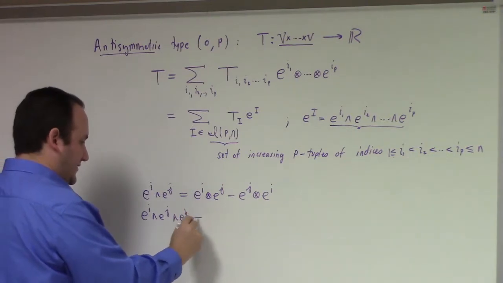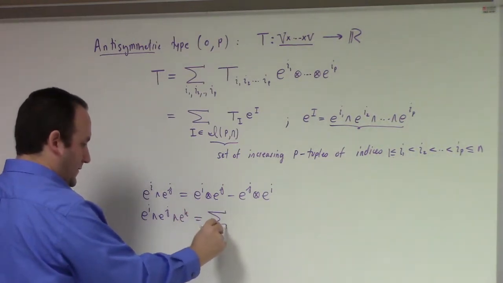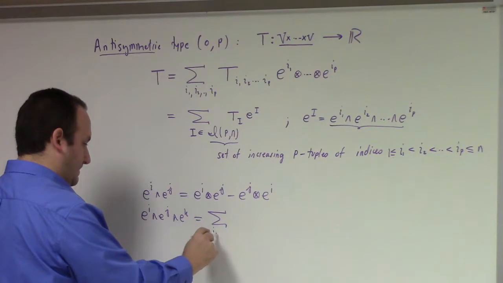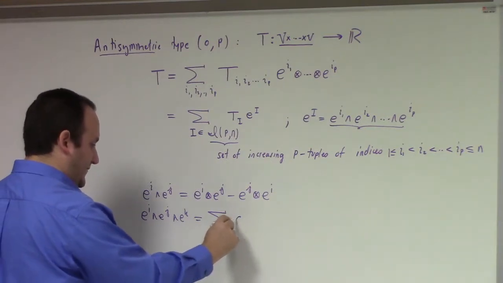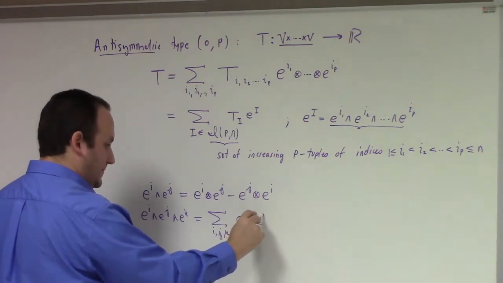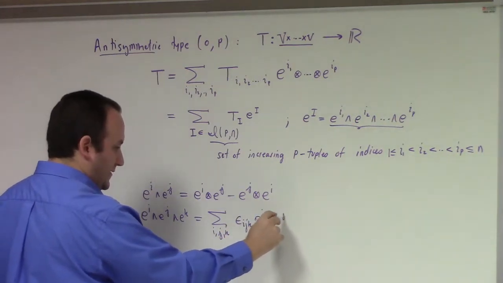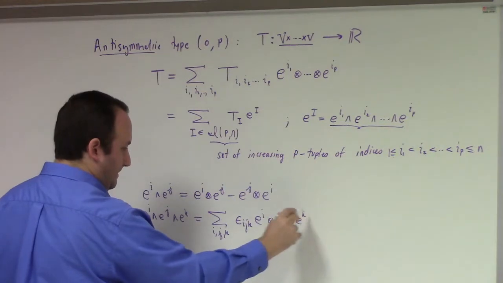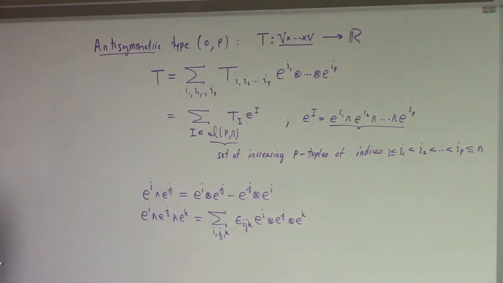So basically what it's equal to is the sum over ijk of epsilon ijk e_i tensor e_j tensor e_k. That's a way you could write it.